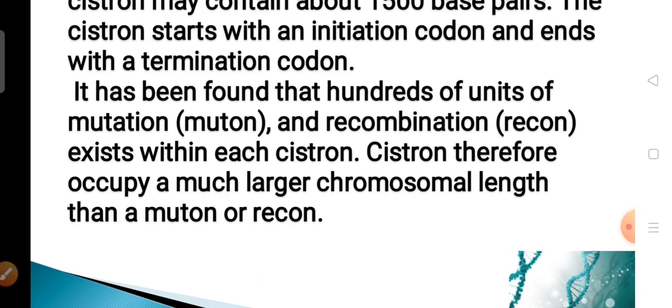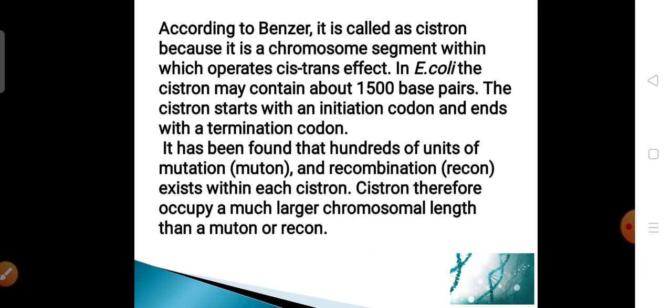A recon is a very small part, usually containing one base pair. A muton is also a very small region where mutations take place. But the cistron is the functional unit, a very long segment consisting of several mutons and recons. So that is about the concept of the gene and its small units: cistron, muton and recon.